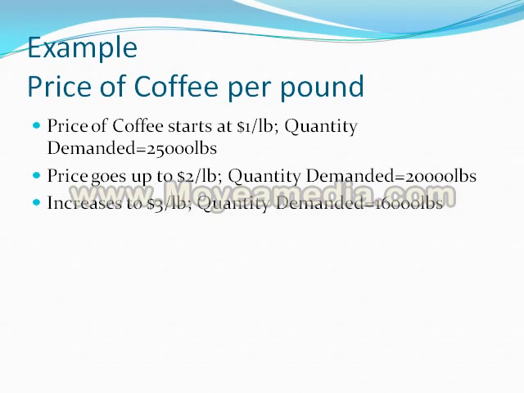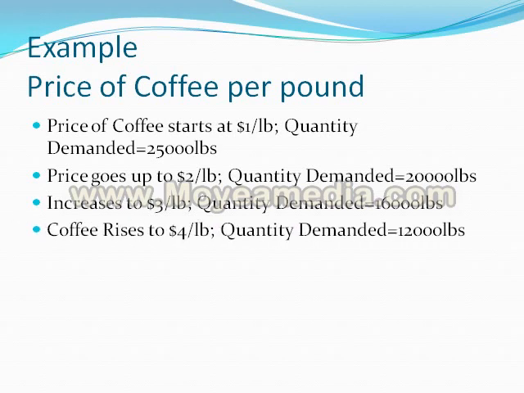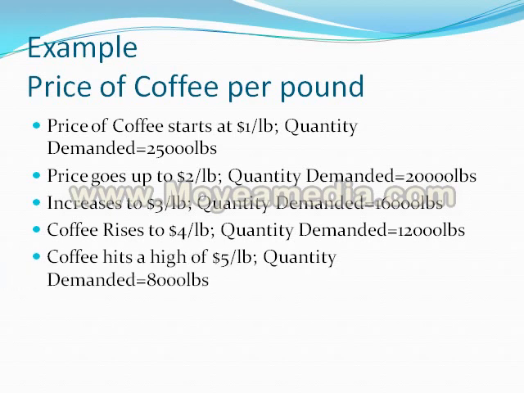So it's at $3 a pound, quantity demanded is at 16,000 pounds. Coffee rises again, goes up another dollar to $4 a pound. Quantity demanded again drops. 12,000 pounds is now the quantity demanded by consumers. Now coffee hits an all-time high of $5 a pound. Coffee's never gotten up to $5 a pound.